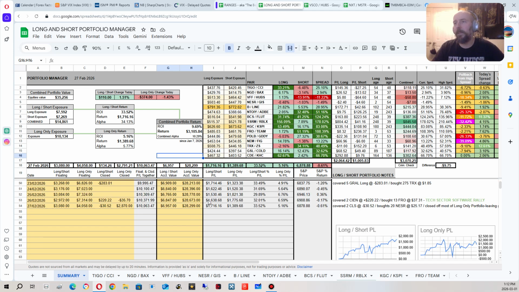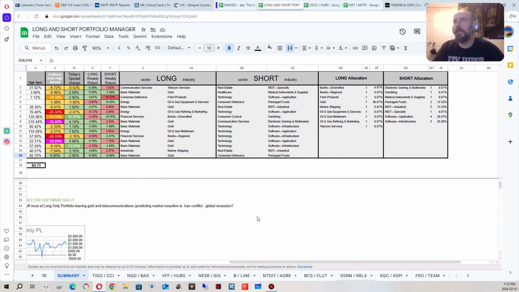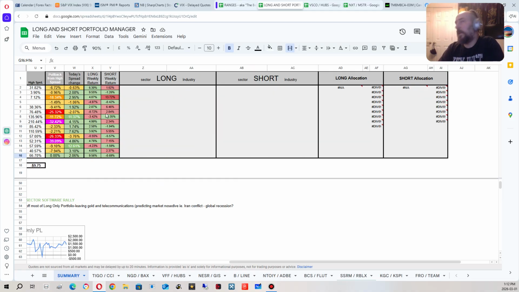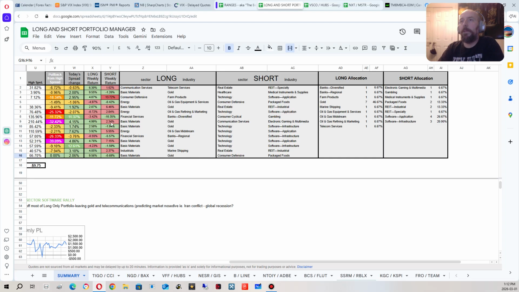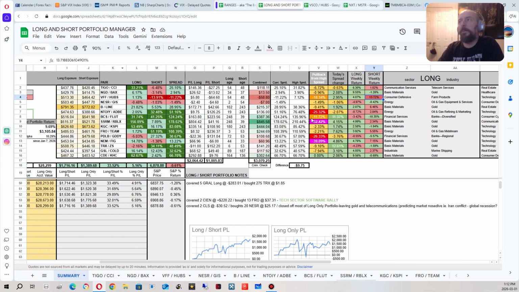Yeah, but you notice how these are performing. What I've done last week is I probably showed this to you already, but I'm showing weekly returns for long and short stocks, my long side and my short side. The 13 on the short side is a negative HubSpot, but that's actually been at 17 and it's reducing down.